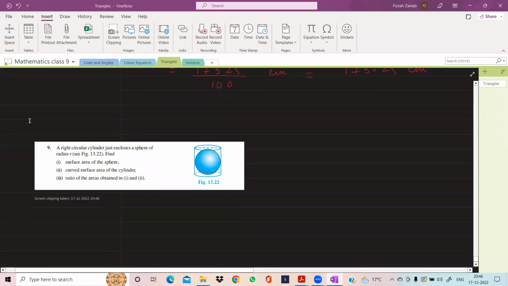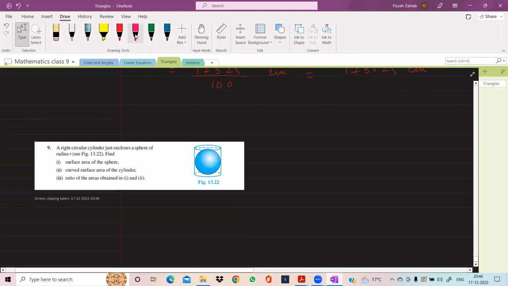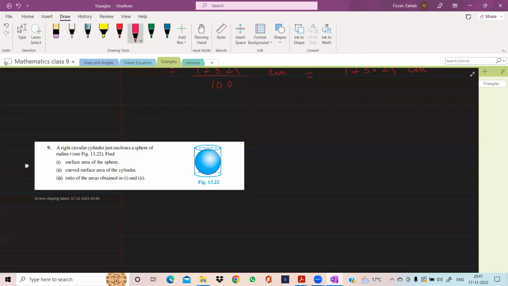A right circular cylinder just encloses a sphere of radius r. Find the surface area of the sphere, the curved surface area of the cylinder, and the ratio of the areas obtained. So this is an important question. It can come in exam. See, a right circular cylinder just encloses.